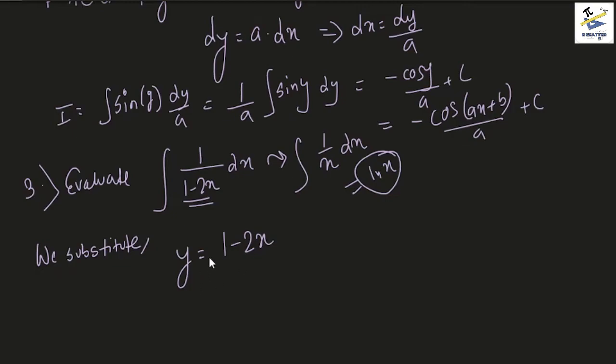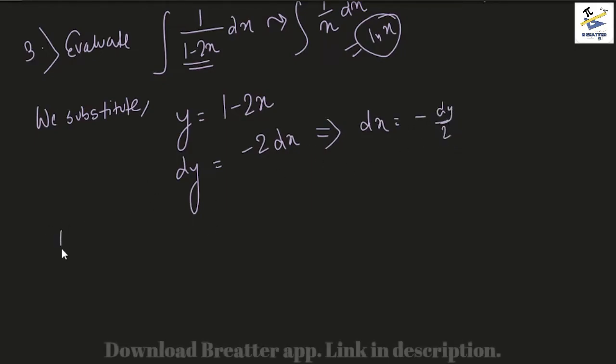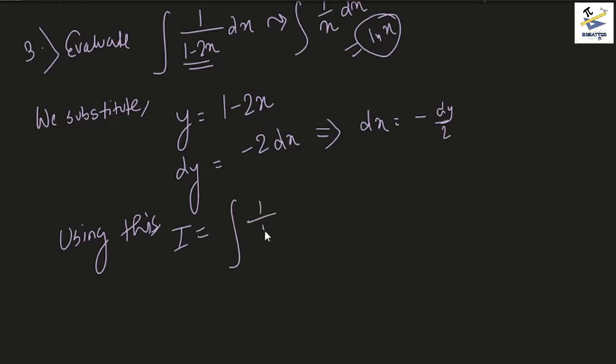Now y equals 1 minus 2x gives us a pretty easy way to evaluate this integral, because when you differentiate both sides, you get dy equals minus 2 dx. And this gives dx equals minus dy by 2. Using this, I should be equal to 1 by y, and dx is minus dy by 2.